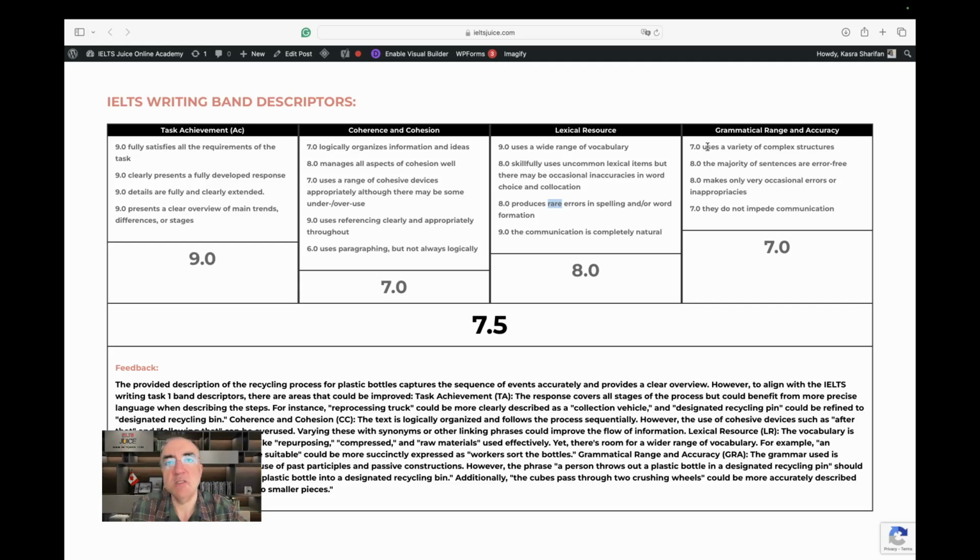I just didn't see a wide range of grammatical structures. There were a couple of complex structures in the essay, and I really liked them, but the number wasn't very high.